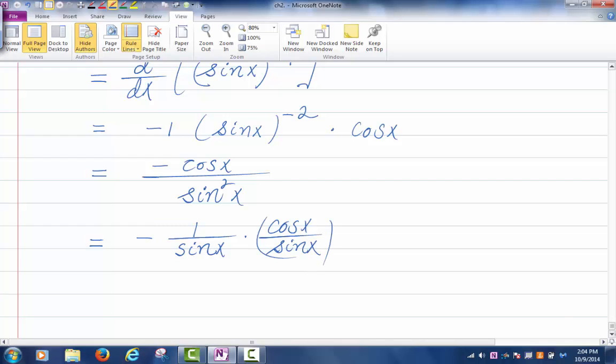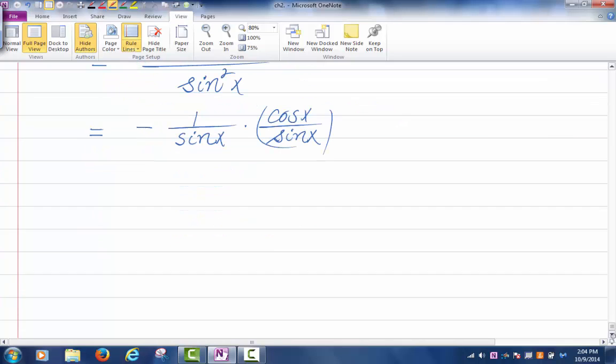And what can you say about 1 over sine? 1 over sine is cosecant, and the other one is cotangent. So what we have found is that the derivative of cosecant is negative cosecant cotangent, right?